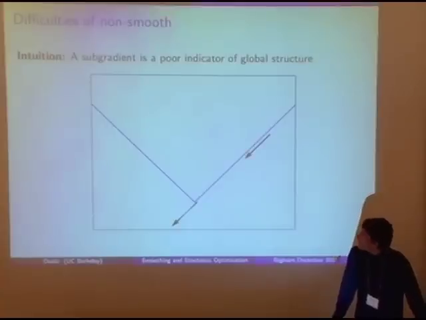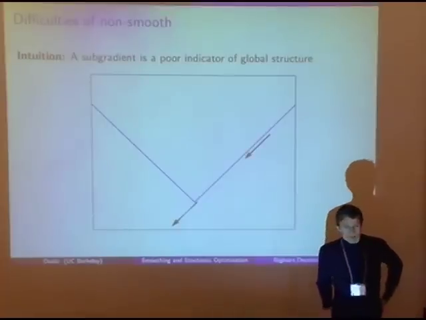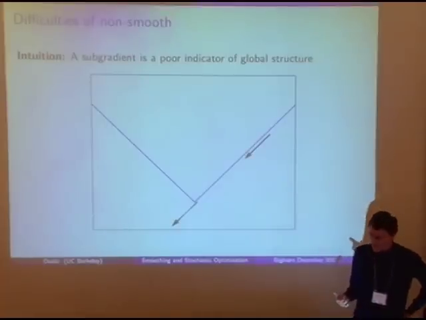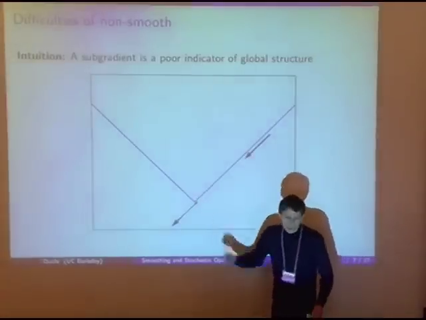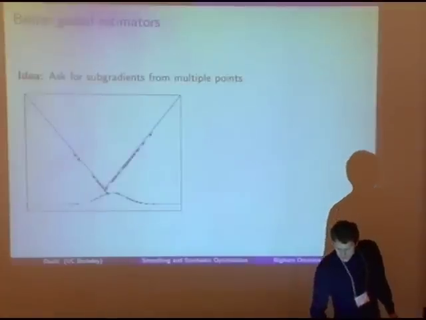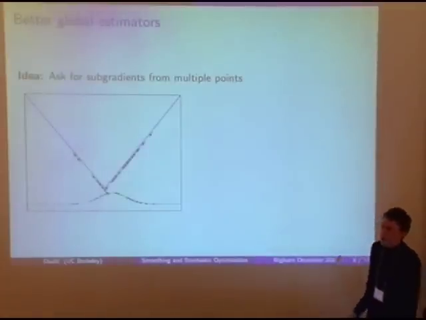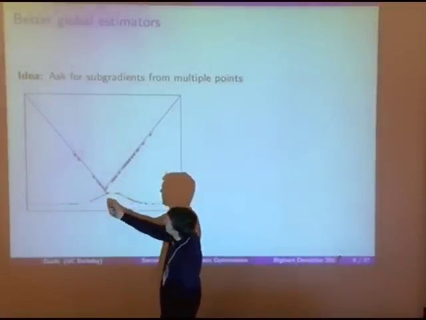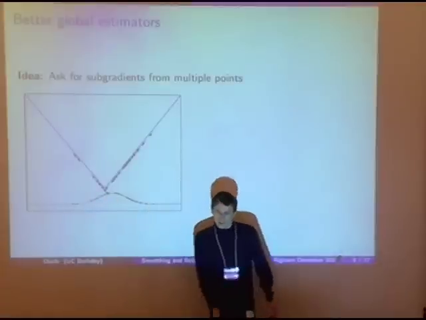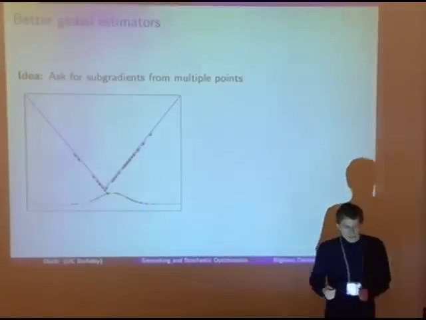So if you had lots of parallel computation, the natural thing to do is, instead of asking over and over for the gradient at this point, ask for gradients or subgradients around our current point. We start here, and then we randomly perturb the point where we ask for the gradient over and over.